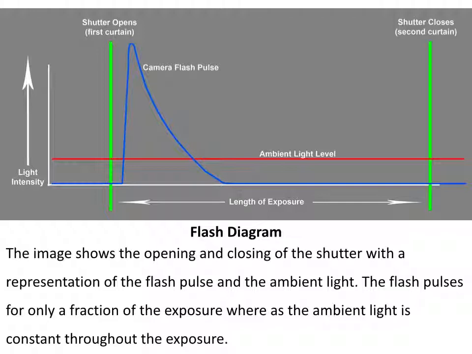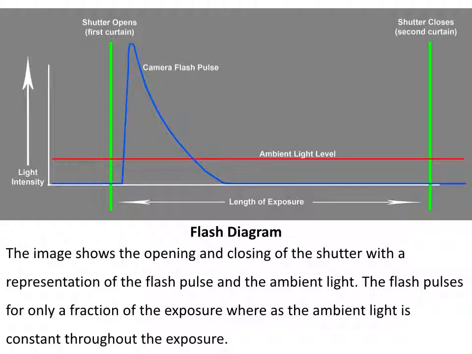This diagram represents what happens when the flash fires on the top of the camera. The first green line represents the point at which the shutter opens, referred to as the first curtain, and the second green line is the point at which the shutter closes, the second curtain.